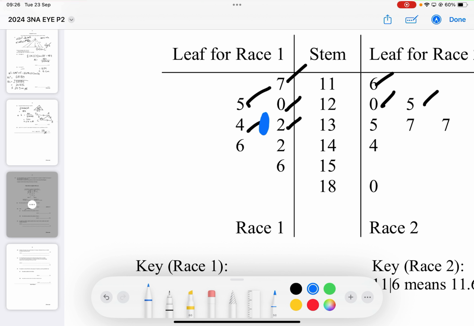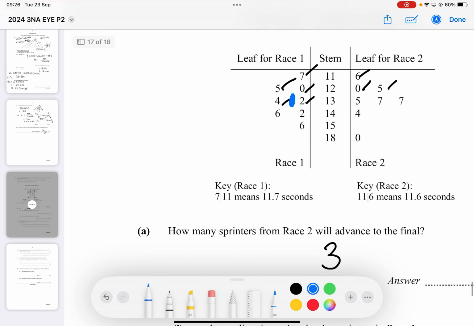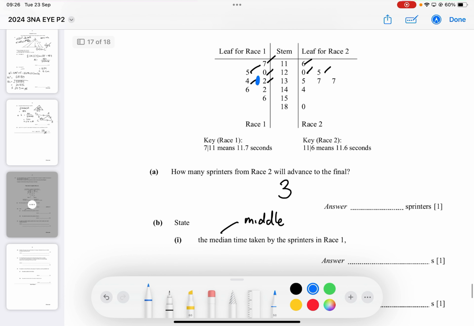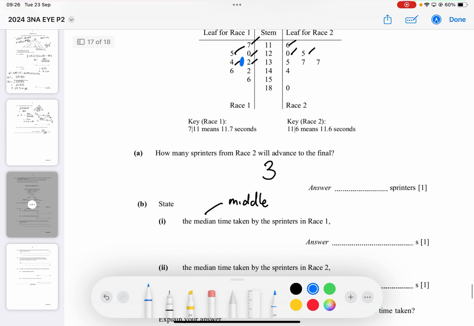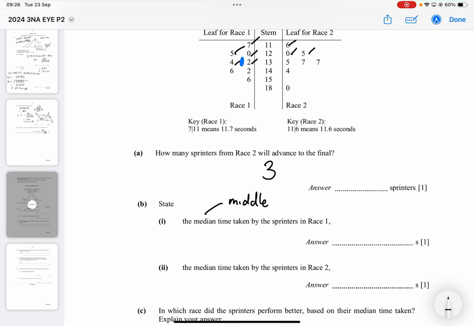Here there are 4, here there are 4. So we have to take the average of the 2 closest ones. The median is between 13.2 and 13.4. So we take 13.2 plus 13.4 and divide by 2. Then your answer will be 13.3.